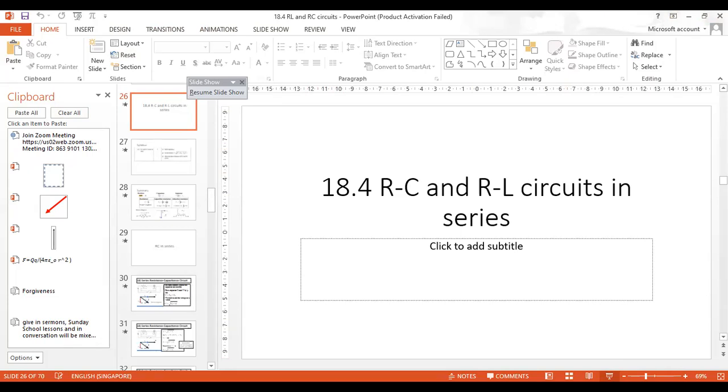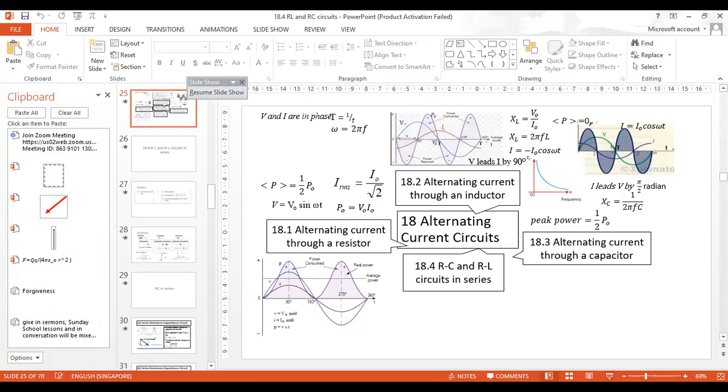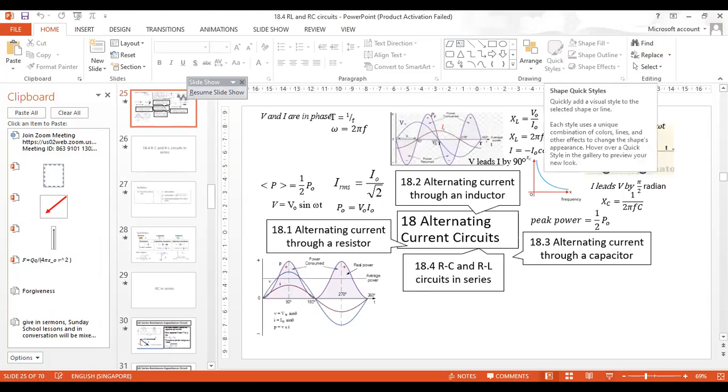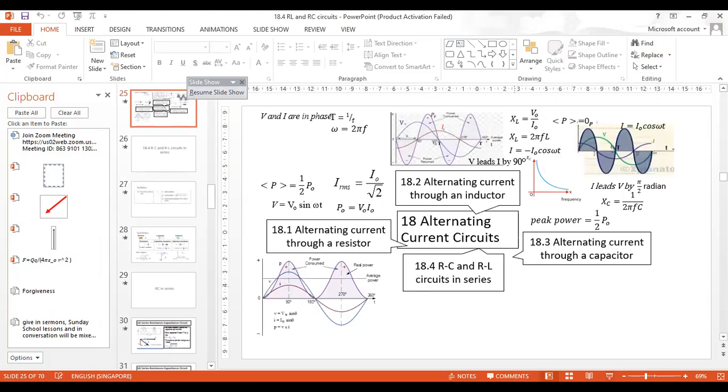What is happening? I'm having problem adjusting it. Yeah, what's happening?